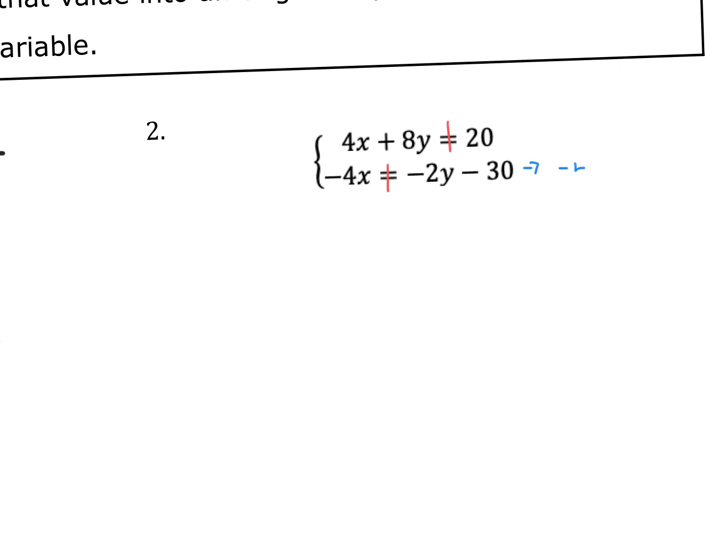So -4x minus, sorry, not minus 2y. Oh, geez, why did that get so big again? Equals -2y minus 30. Okay, so I want both my x and my y on the same side.